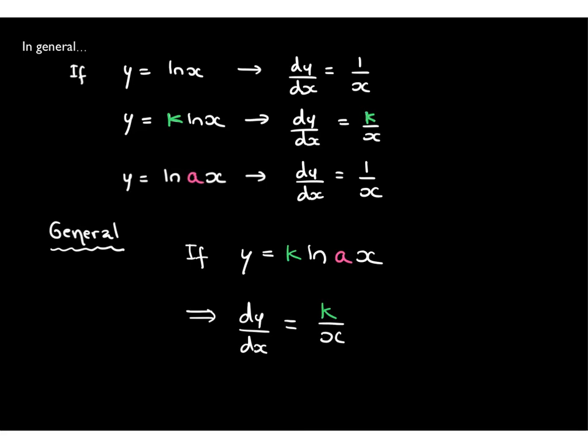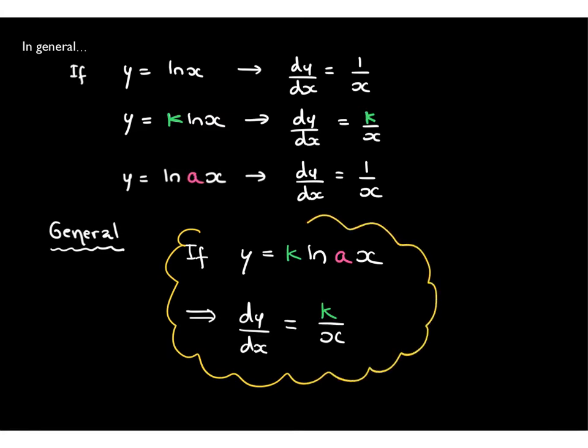And you need to be fully aware of the fact that the a will not appear in the final answer. Now again, if you want to see what happens to the a, look back at the previous example where we used the chain rule to differentiate ln of 4x. The 4 effectively cancelled out, so we were left with just 1 over x.